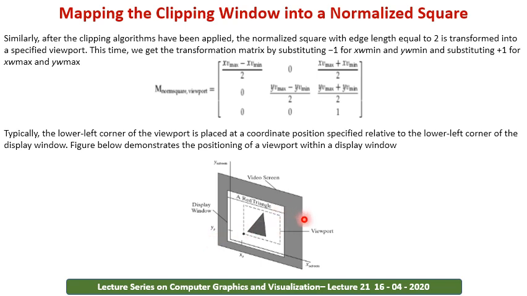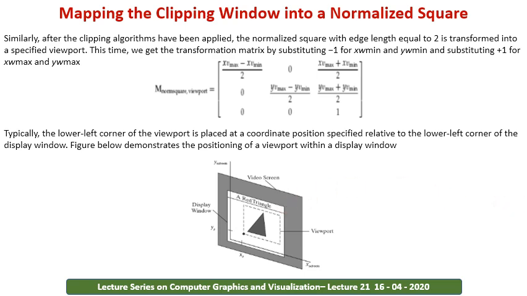The other part of the object which doesn't lie within the rectangle, if it lies outside of the clipping rectangle, that part will be discarded and not sent for rasterization. That means it will not be displayed within the window.